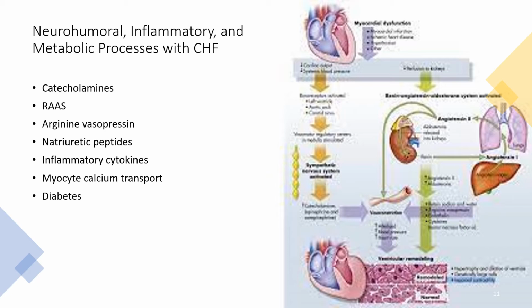In addition to the hemodynamic effects, heart failure also affects other systems in the body: inflammatory, metabolic processes, and neurohumoral. The first one is catecholamines are stimulated by the sympathetic nervous system. They do this in an attempt to compensate for the decreased cardiac output.